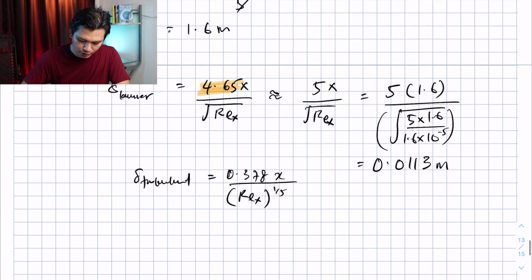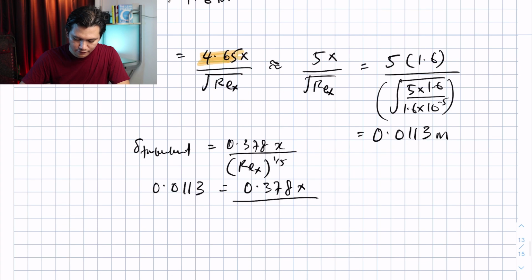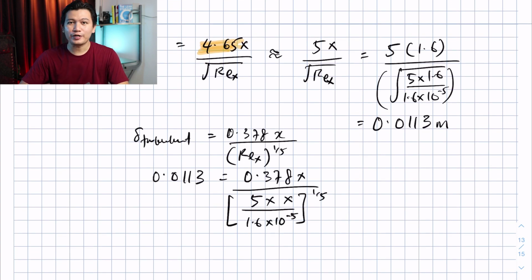Del is 0.0113, equal to 0.378x divided by the velocity, which is 5, times x, which is what we are looking for, divided by 1.6 times 10 to the power of minus 5, to the power of 1 over 5. Be very careful when using your calculator, because it's very easy to make mistakes by forgetting that the x here is to the power of 1 over 5. So please don't make that mistake.